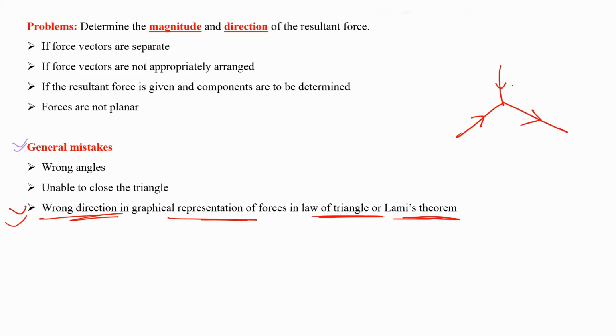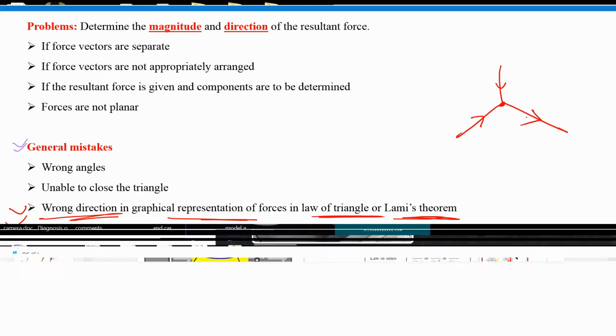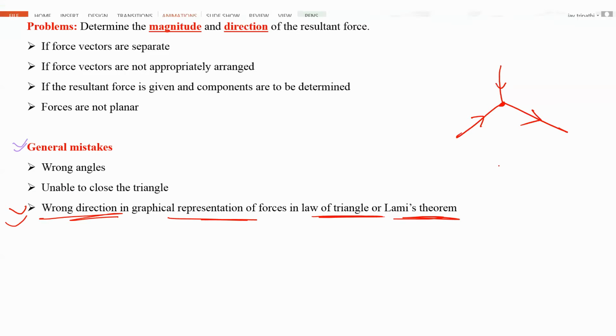Two forces are directed towards the point of application, and the third force is directed away. Many times students just apply the Lami's theorem formula, but Lami's theorem is not applicable for this situation unless you reverse the direction of this force, or you apply this force over here and remove it. Then only you can apply Lami's theorem.